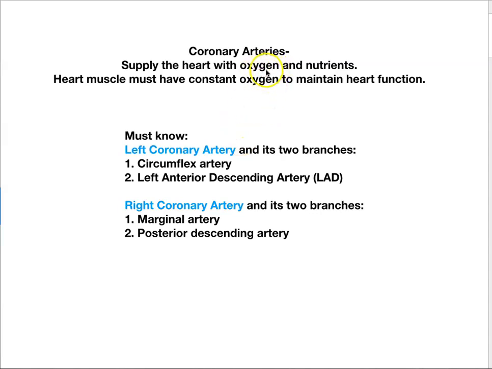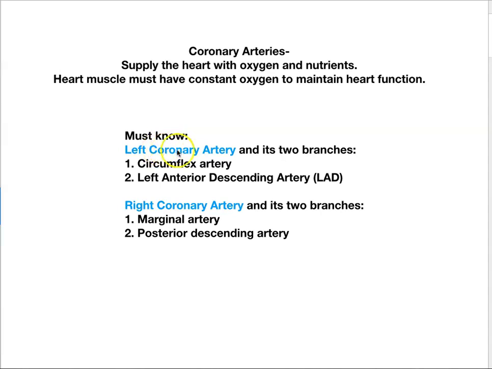If you block the blood flow of oxygen to the heart, that's called a coronary, or you can call it an MI, a myocardial infarction. You have to get oxygen to the heart muscle. It is constantly pumping. It never takes a rest, so it needs constant oxygen and nutrients.